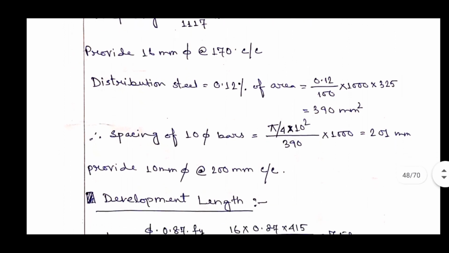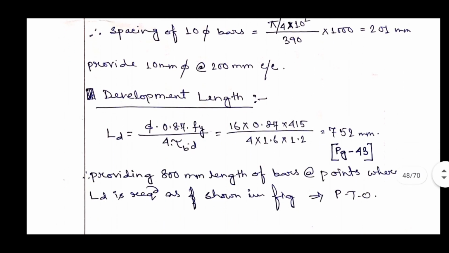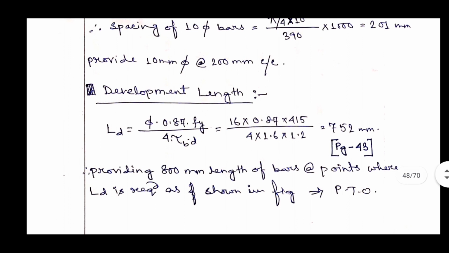Now, check for development length. The formula for development length you will find on page number 43 of IS 456 2000.